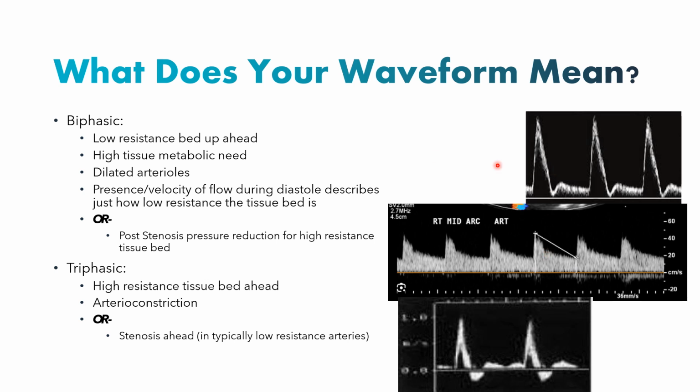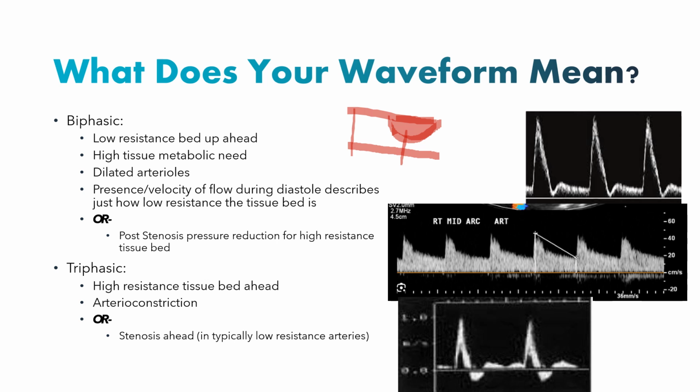The other thing that biphasic flow can mean is that we are actually post-stenosis. So if I have maybe a higher resistance artery, and then I have a big stenosis, despite the law of continuity, at a certain point the flow in my stenotic area cannot keep up to the flow that was pre-stenosis.